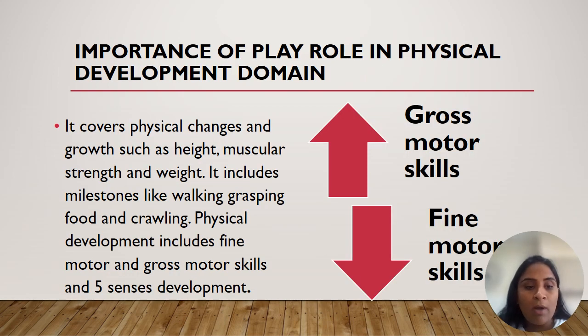Now we're going to talk about the importance of play's role in the physical development domain. Gross motor skills include large muscles like arms, torso, and legs, while fine motor skills include small muscles like wrists, fingers, and hands. Physical development of a child depends on physical health and activities.